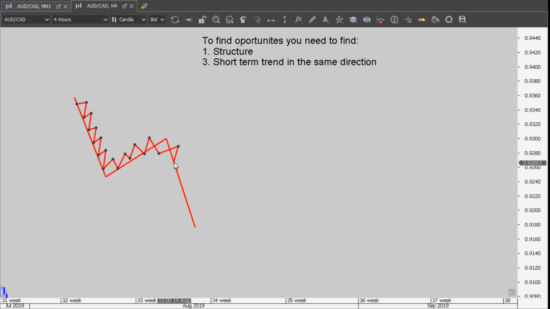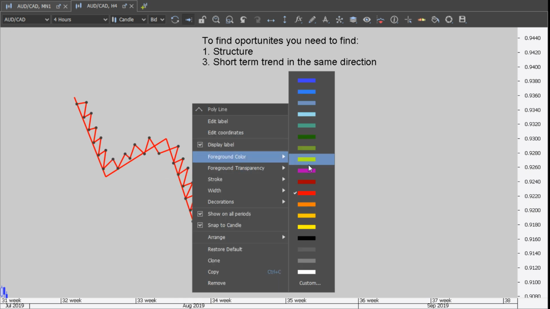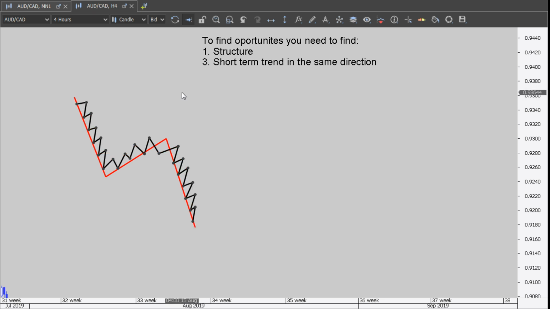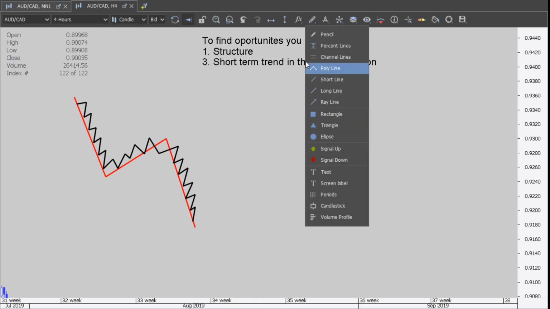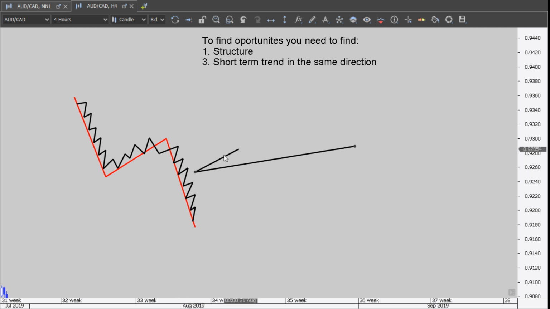If you want to make some easy pips, nothing too complicated, then you need to find a down structure. And you need to find a short-term trend in the same direction.